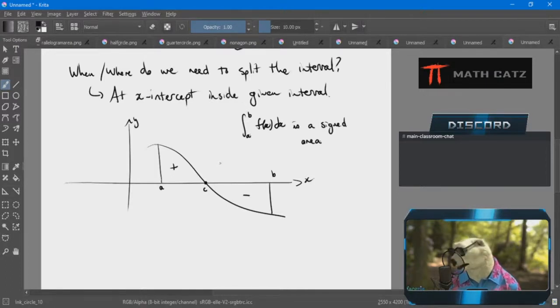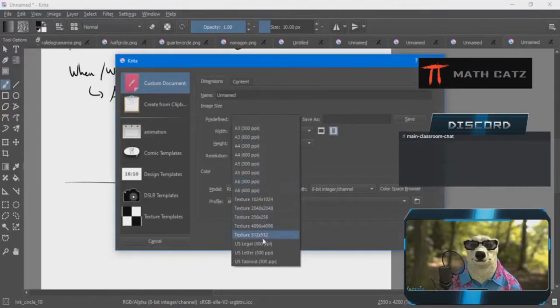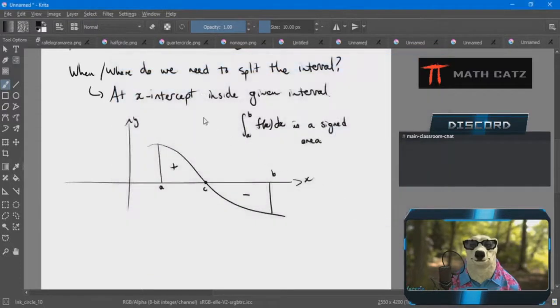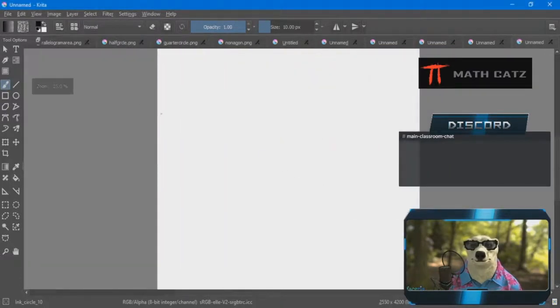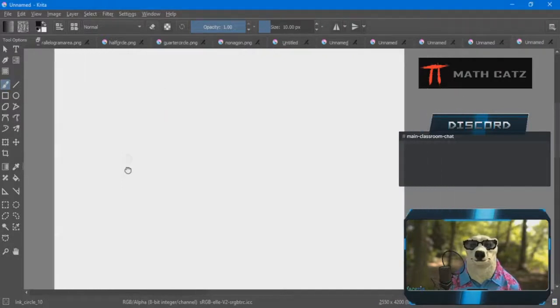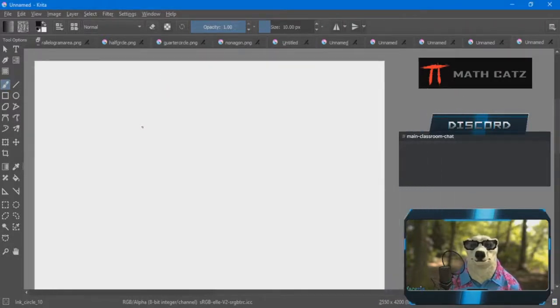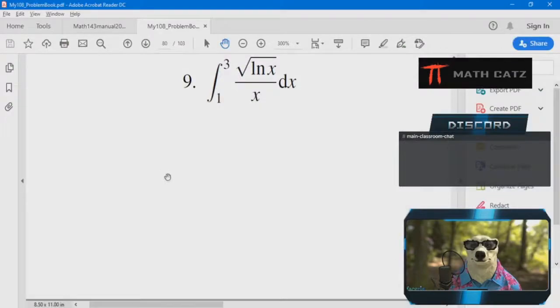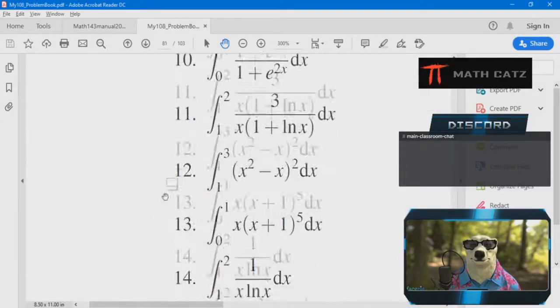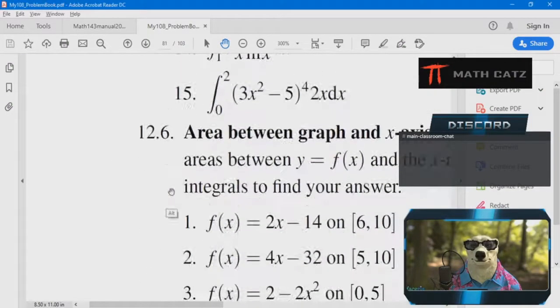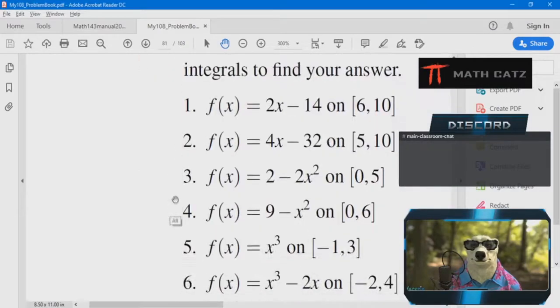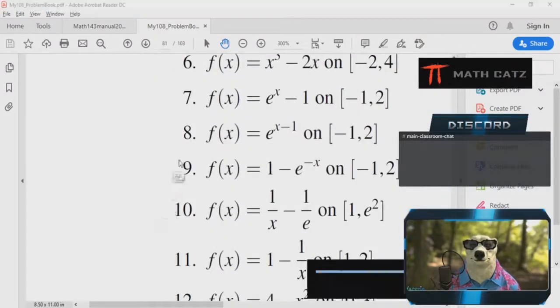So let's see how that would look in some examples. So now we're looking at the area questions, and you see there we have a whole bunch of them.